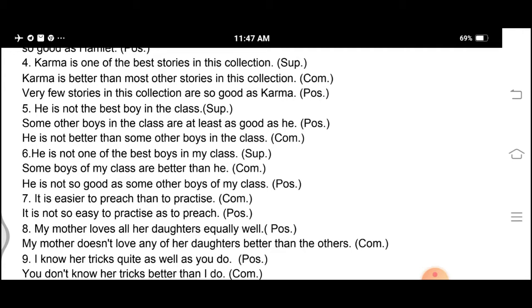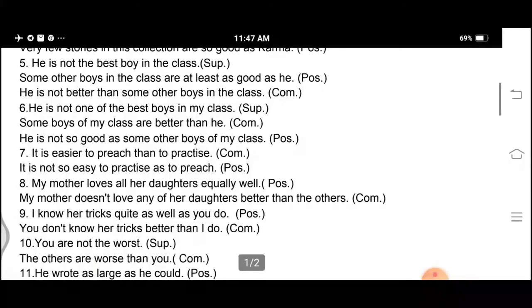It's a comparative, better. He is not one of the best boys in my class. Superlative. Some boys of my class are better than he. Comparative. He is not so good as some other boys of my class.